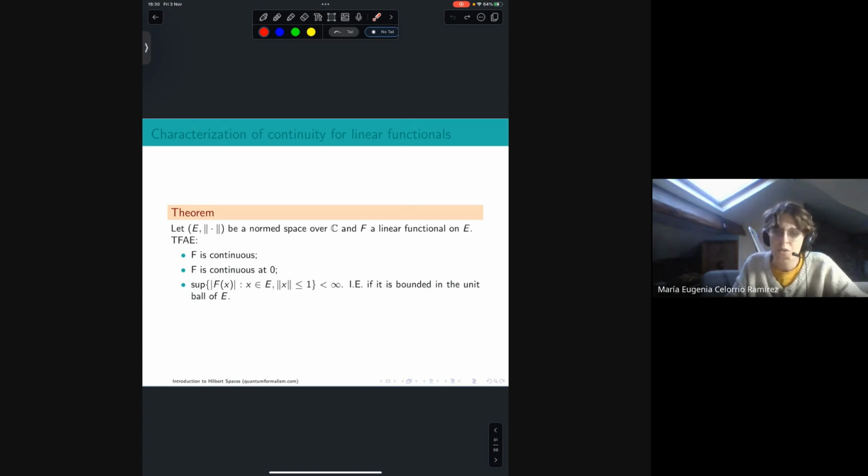So if you ever need to check if a functional is continuous, the quickest way normally will be to check if it's continuous at 0, and if it is continuous at 0, it's going to be continuous everywhere else.